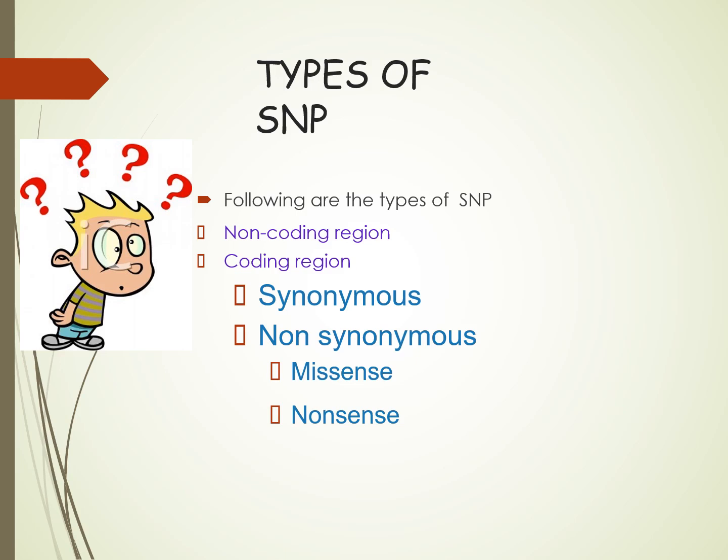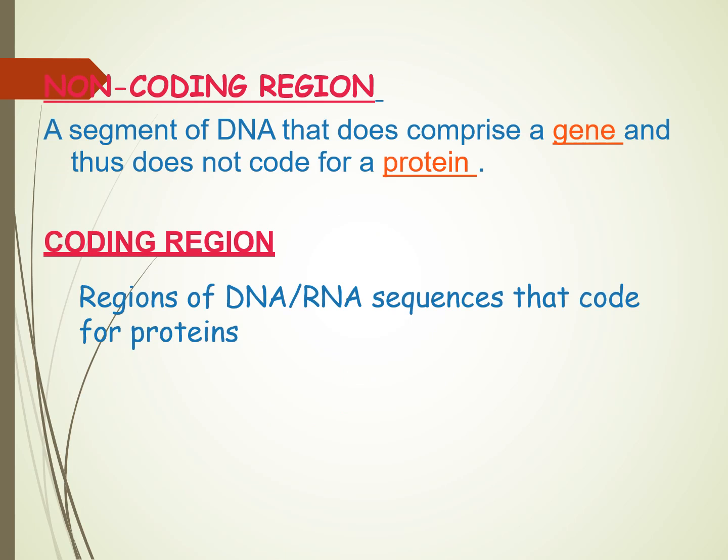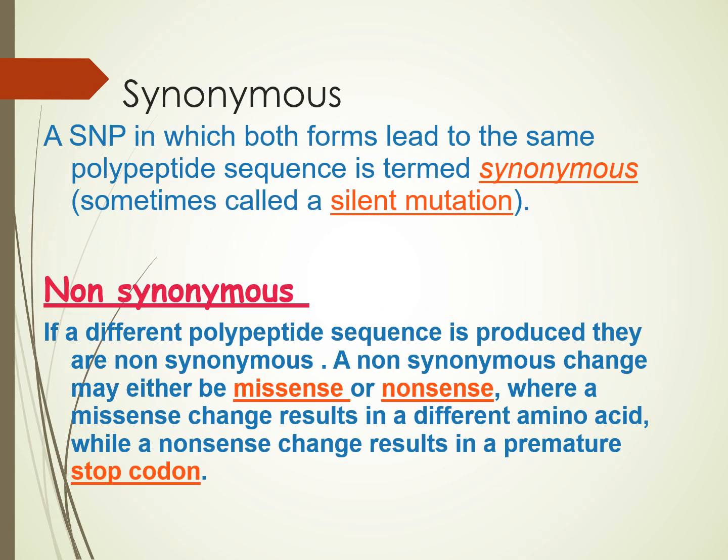Again, non-synonymous is of two types, that is missense and nonsense. So first of all, the non-coding region SNP. This is a segment of the DNA that does not comprise a gene and does not code for the protein. Second one is the coding region SNP. These are the regions of DNA or RNA sequences that code for the protein.